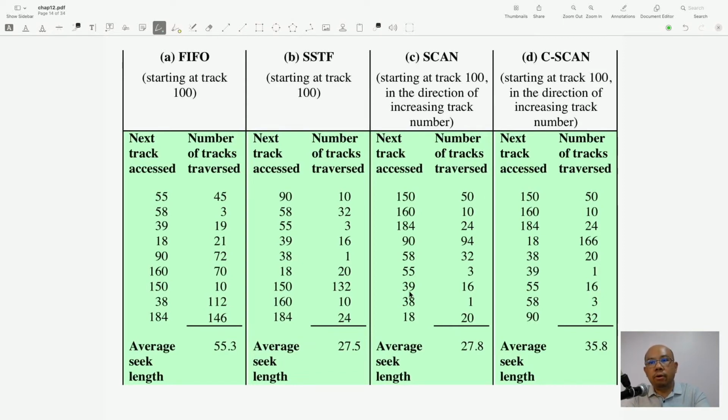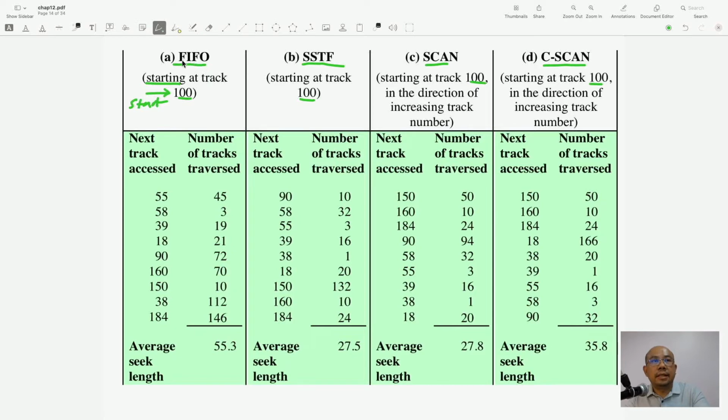This is a table comparing access speed for first in first out, shortest service time first, SCAN and C-SCAN. The comparison is made with the head of the hard disk starting at location 100, the same start location for all.